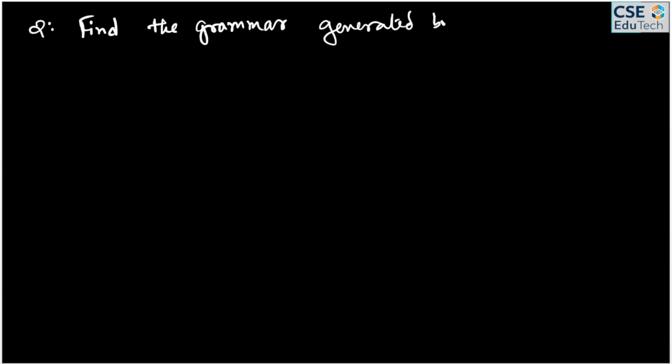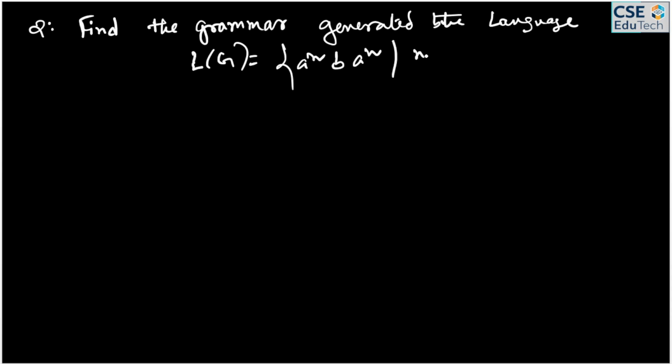Suppose we have to find the grammar that generates the language. The question: find the grammar that generates the language L(G) of the form a to the power n, b, a to the power n, such that n is greater than or equal to 1. So we need to find what will be the grammar for this language, right?